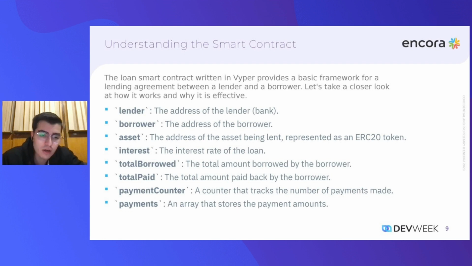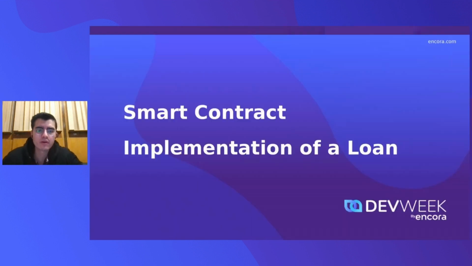The interest of the loan, the total amount borrowed, the total amount paid, the payment counter to track the count of payments that the borrower is going to be making throughout the process, and the payments. That is going to be an array, and we're going to see a lot of cool concepts of that using Vyper. Okay, let's begin.